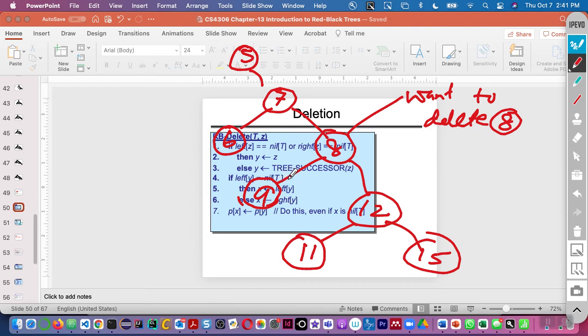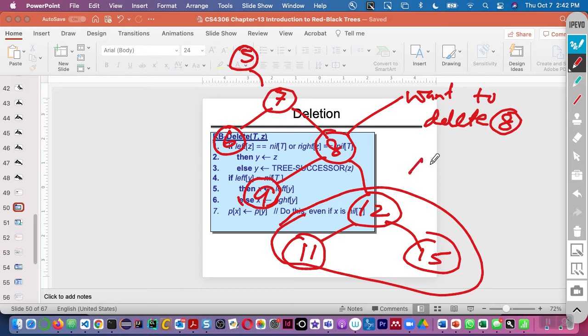Okay, and if you follow the other way, replacing by right successor, they call it tree successor. Successor means here the immediate greater value or the lowest value from the right side. What is the lowest value from the right side?